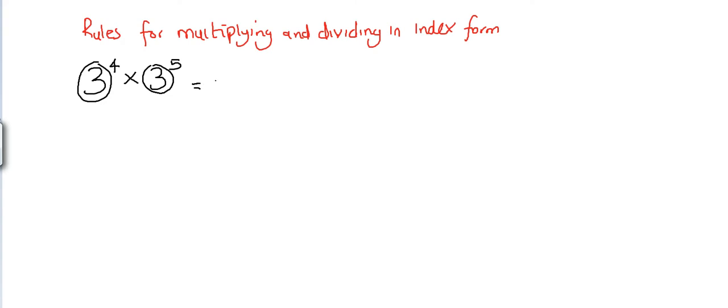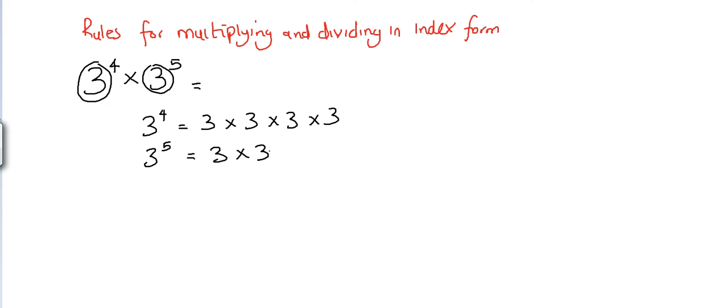Okay, I've got 3 to the power of 4, so 3 to the power of 4 equals 3 times 3 times 3 times 3, and then 3 to the power of 5 is 3 times 3 times 3 times 3 times 3. If we multiply this whole lot by this whole lot, we'll have 3 to the 4 times 3 to the 5.